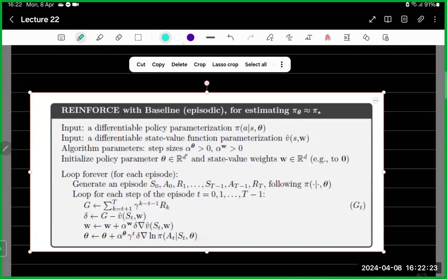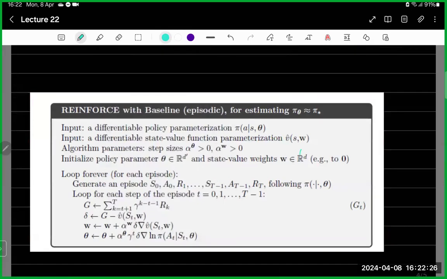Okay. So this is the pseudo code where you start with some policy function. For example, for the CartPole, we started with the softmax function, softmax linear, right? We use the theta transpose x, e power theta transpose x, which is proportional to the e power theta transpose x.